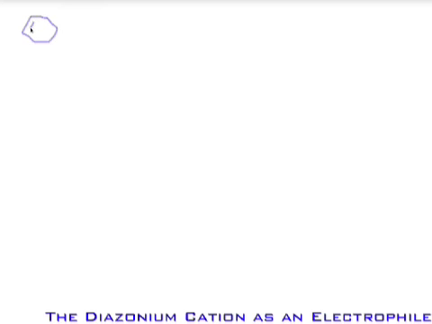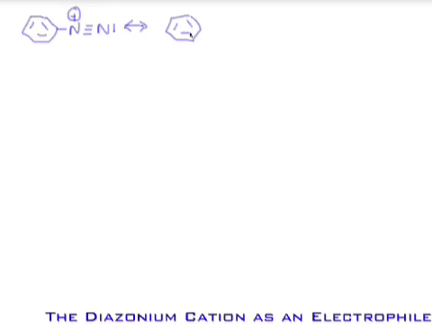If I re-examine its resonance structures, I can draw the minor resonance contributor. And I notice the right-handmost nitrogen is electron deficient.